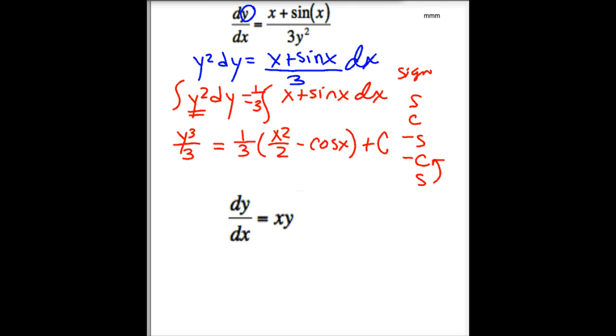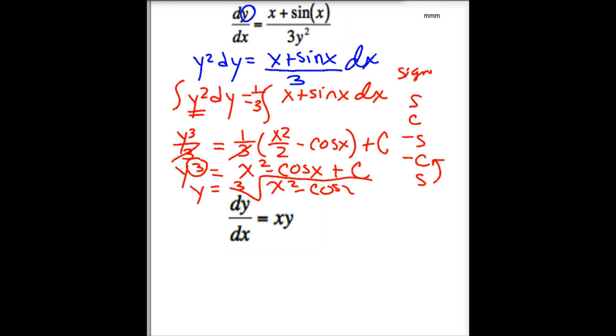Right now, I could take the 3's off, just multiply both sides by 3. If I do that, I just get another bigger constant. So I've got y cubed is equal to x squared minus cosine x plus c. And then to solve for y, I take the cube root. So I have the cube root of x squared minus cosine x plus c.